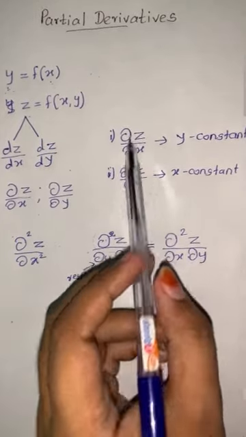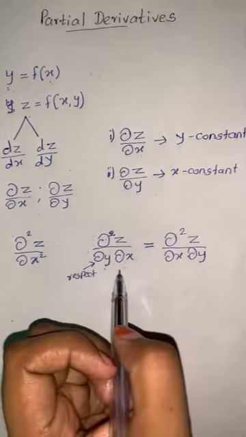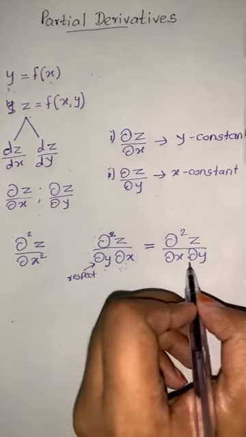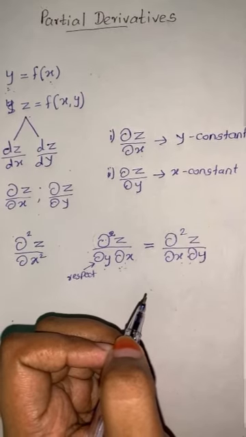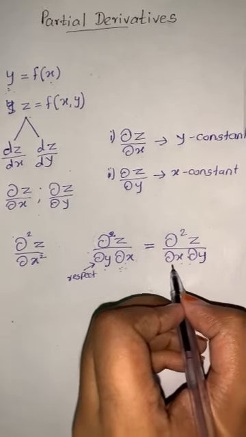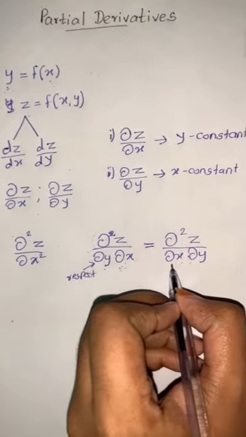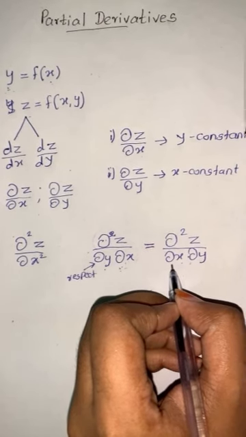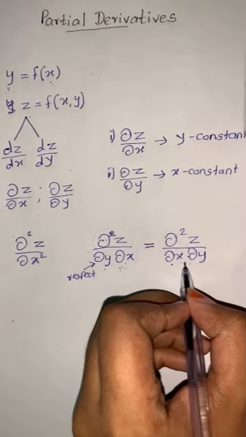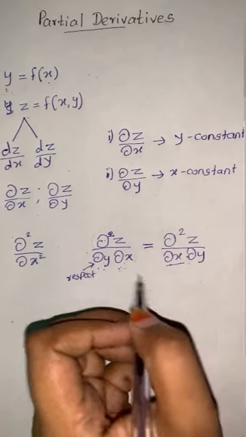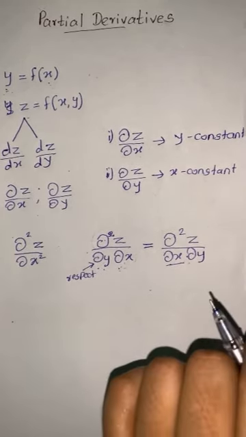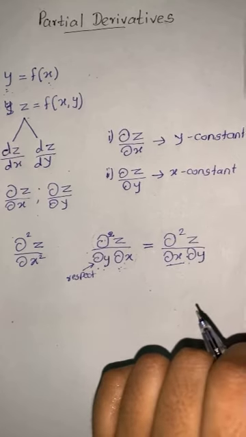If you differentiate these two in the proper way, you will get the same value. So whichever you write in front, you have to differentiate with respect to that component. Okay, these are the basics of partial derivatives.